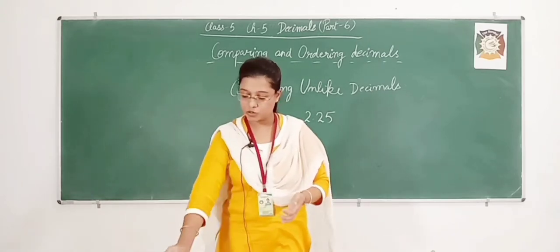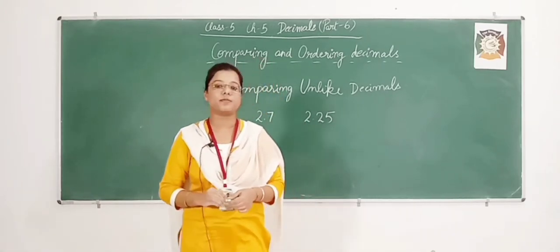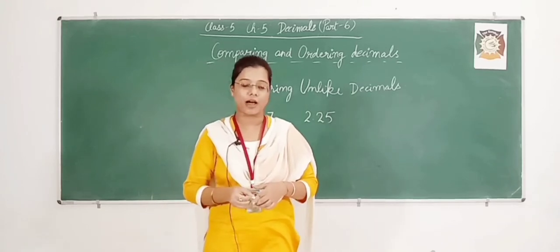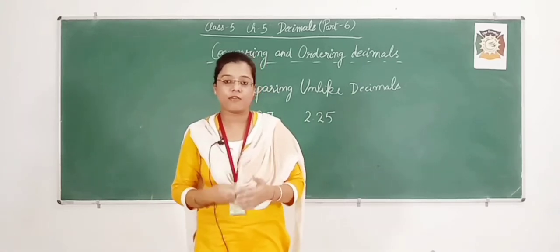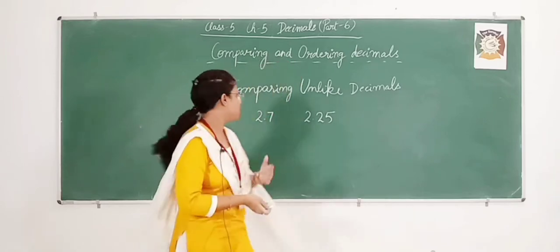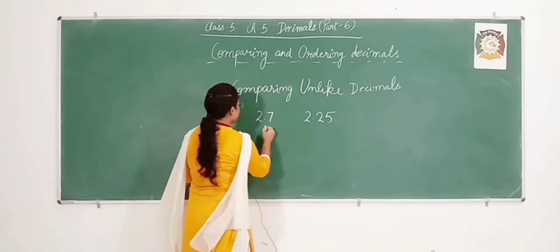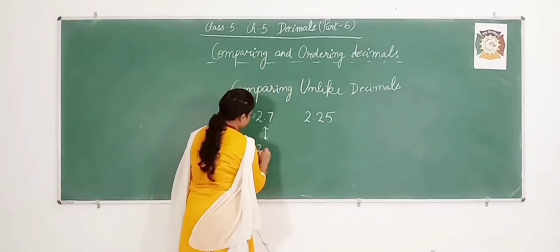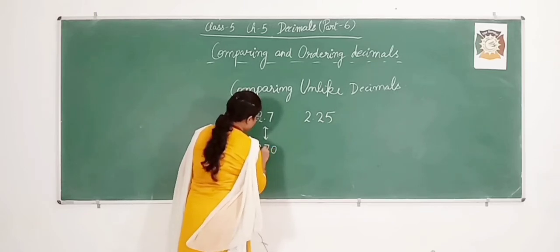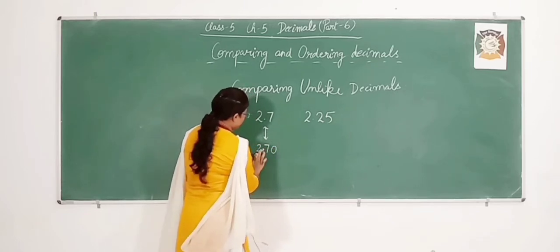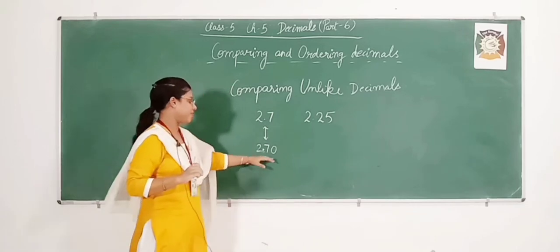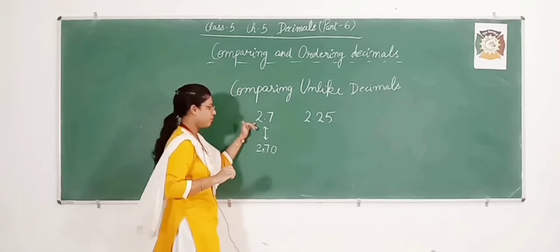How will you do that? I hope you remember, students. To convert unlike decimals to like decimals, you have to find the equivalent decimal. For 2.7 the equivalent decimal is 2.70, because the 0 at the end of a decimal doesn't make any difference to the value of the number, right?